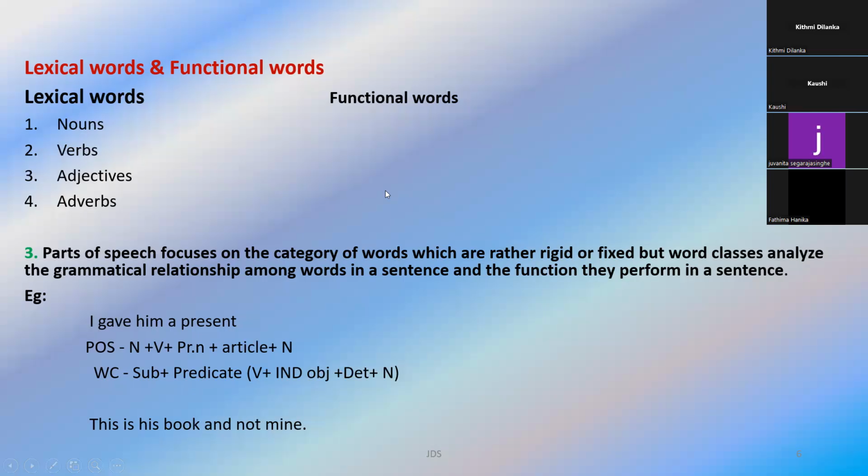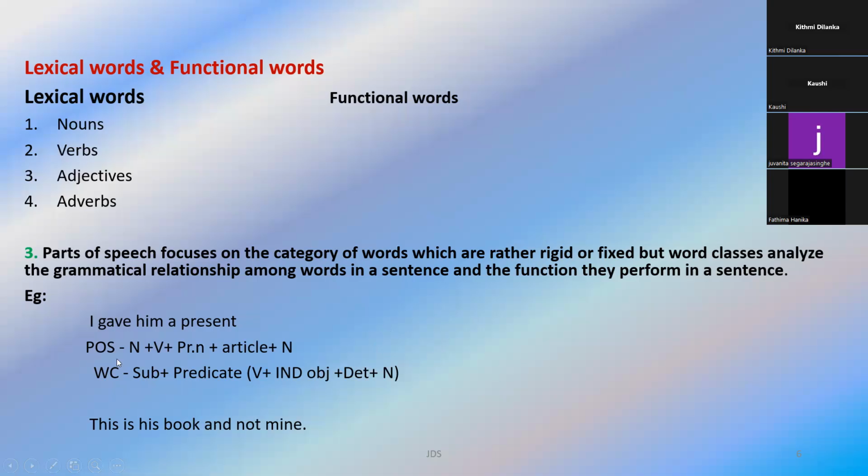Madam, I have a question. I'm sorry to disturb you. This modern grammatical word class was recently how many years back? Because I think I learned the POS way, but POS is traditional.